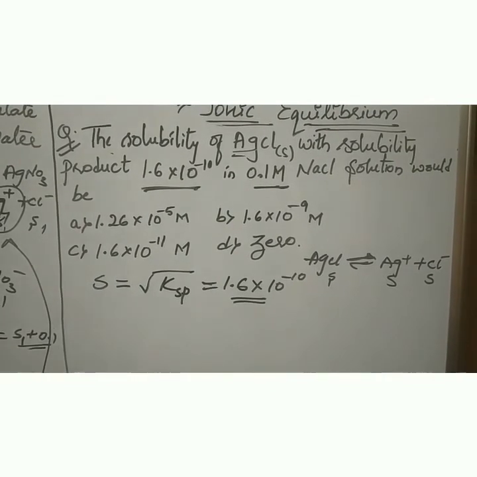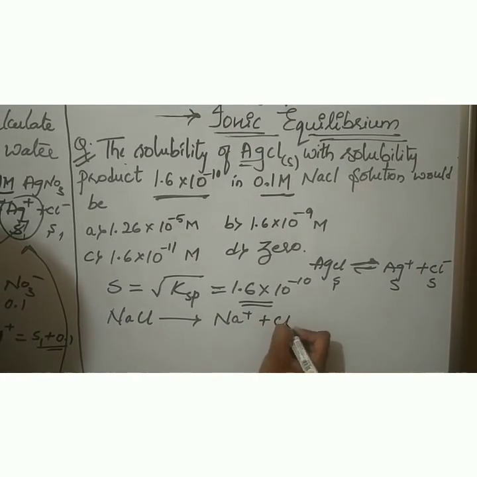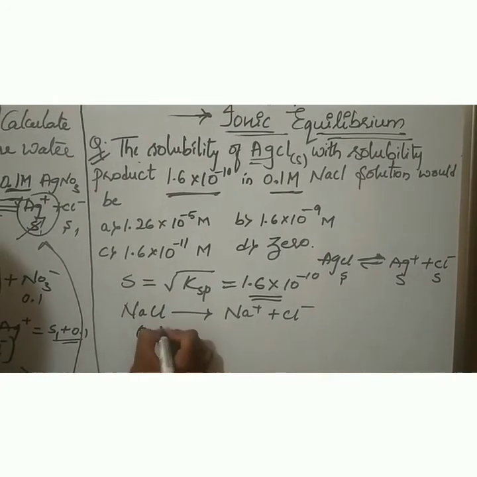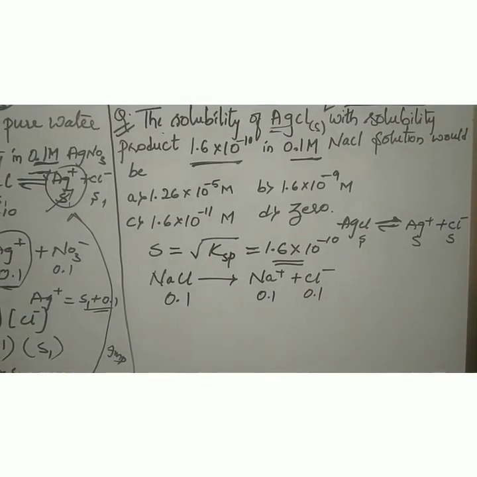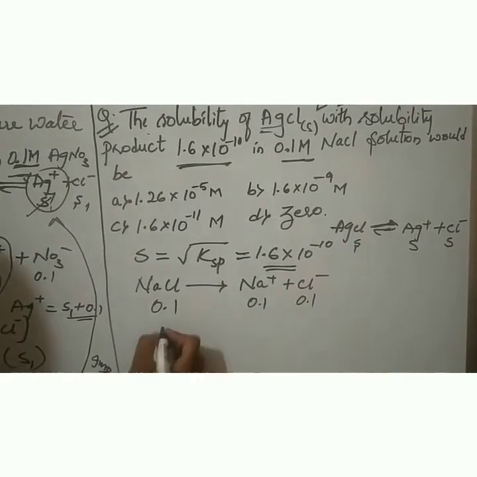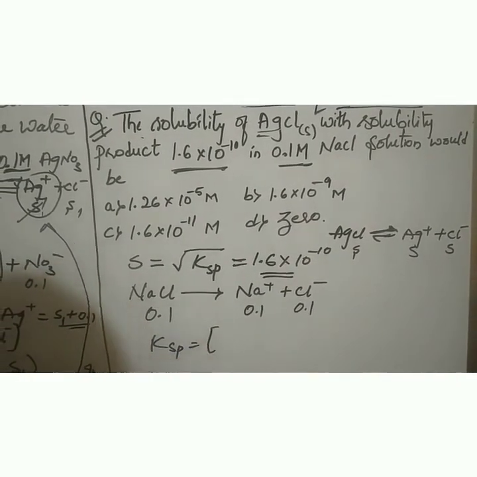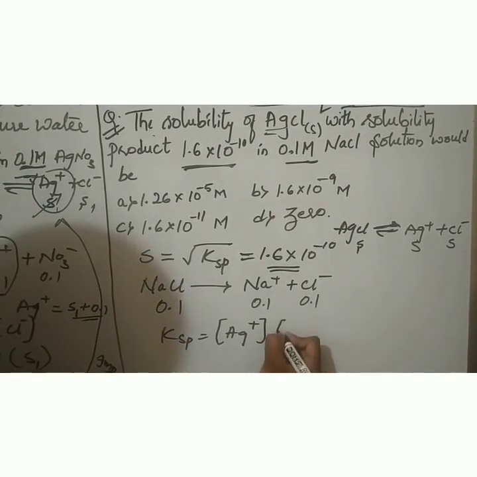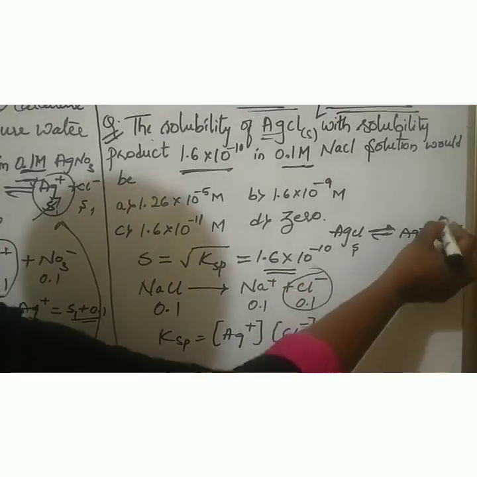So we should consider NaCl. NaCl gives Na+ and Cl-, the concentration is 0.1 each. Now the solubility product is equal to Ag+ times Cl-. The common ion is Cl-, here also Cl-.